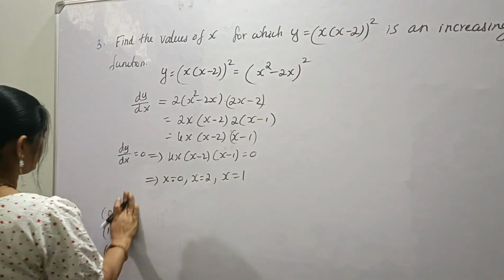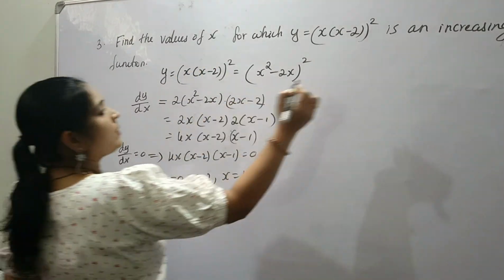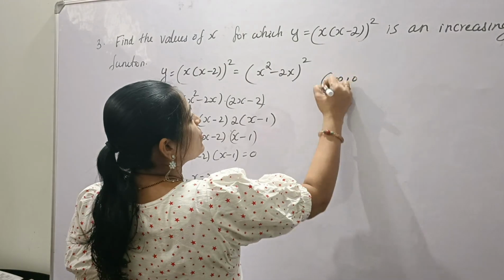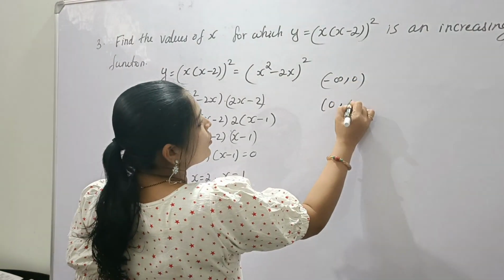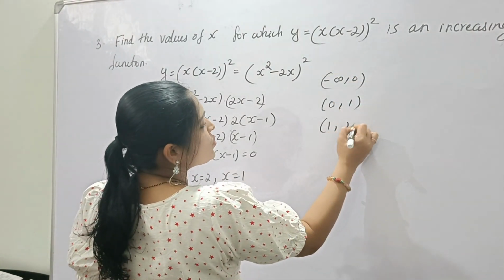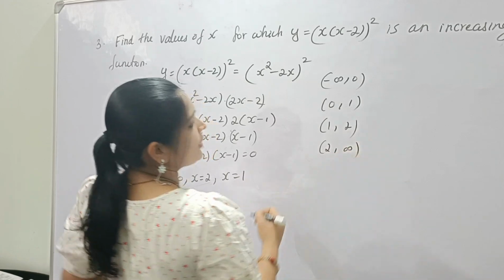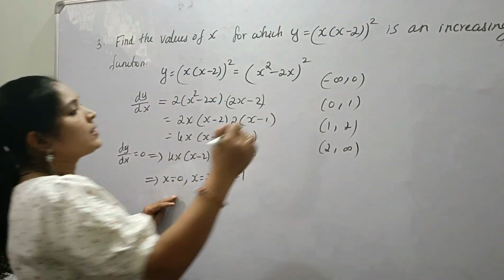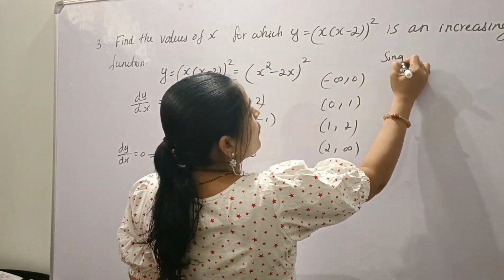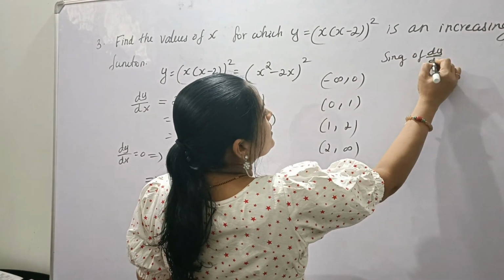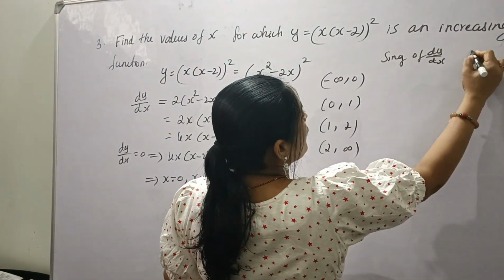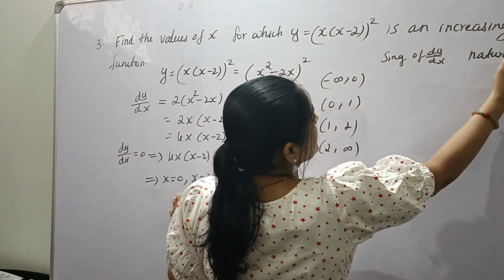I will write here: minus infinity to 0, 0 to 1, 1 to 2, 2 to infinity. Then sign of dy/dx, then nature of f(x), increasing or decreasing.